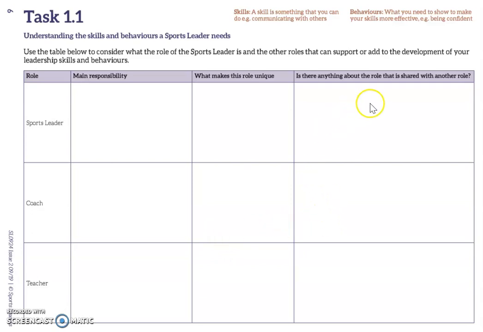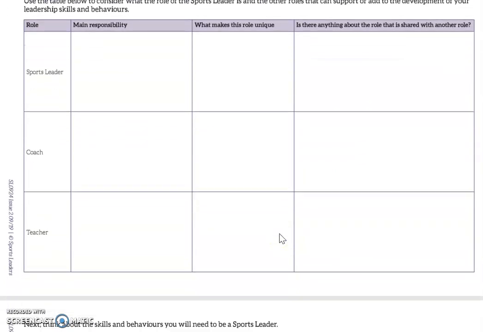And then finally, is there anything about the role that is shared with another role? I've talked about the links between coach and teacher, and ultimately as a sports leader, I think it's a combination of a coach and a teacher, so you can bring that into play when you finish off that last section of the first page.